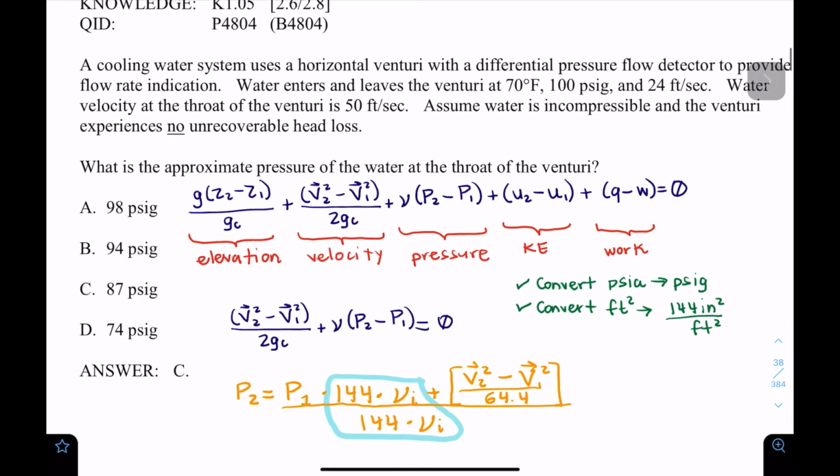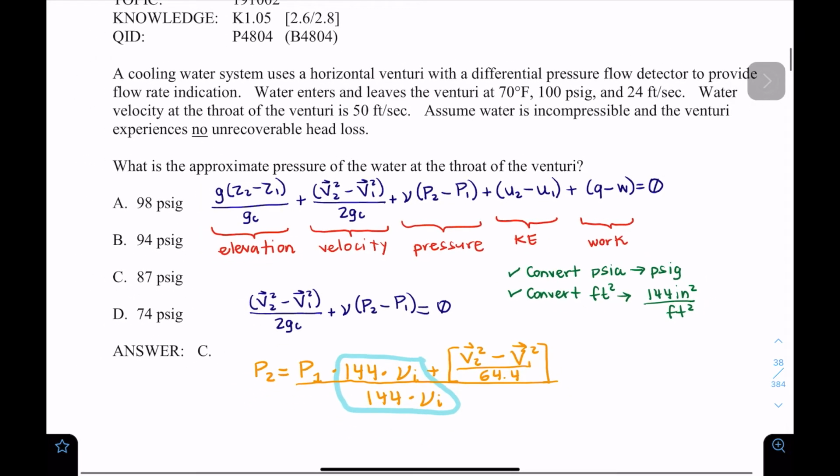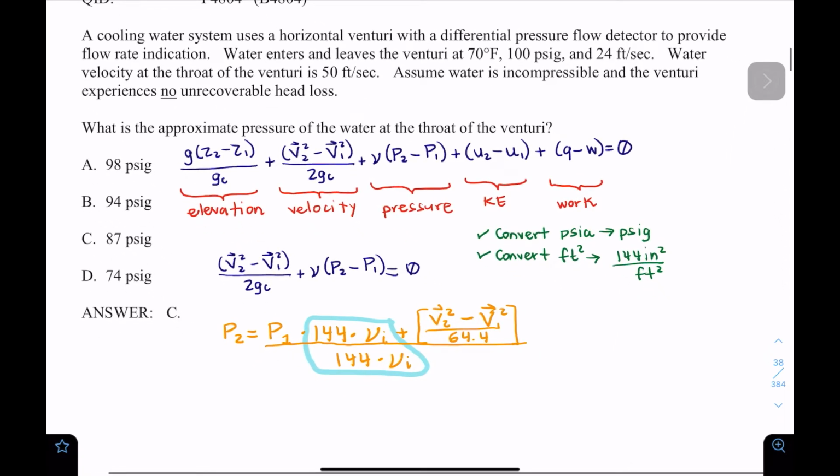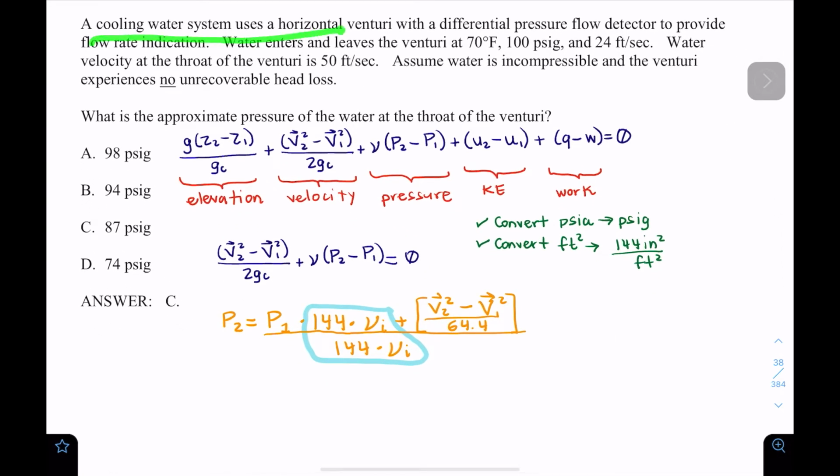So the question states, a cooling water system uses a horizontal Venturi with a differential pressure flow detector to provide flow rate indication. Water enters and leaves the Venturi at 70 degrees. So this is going to be important, this temperature of the water.